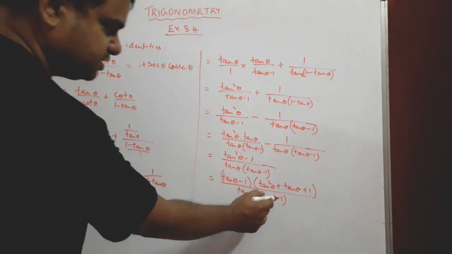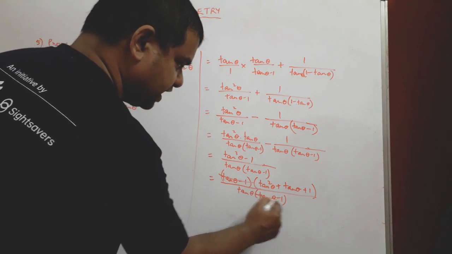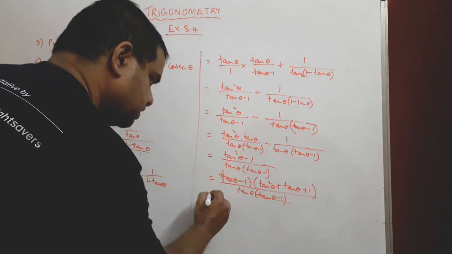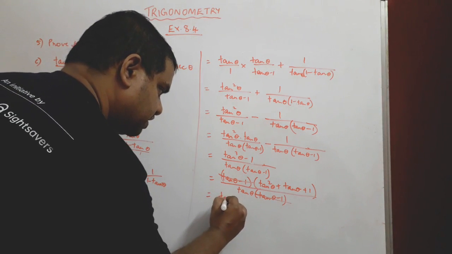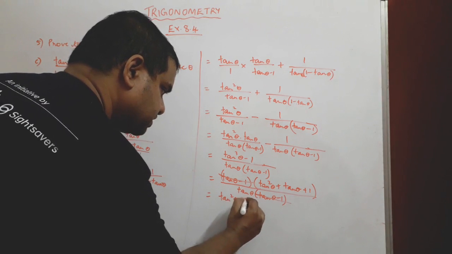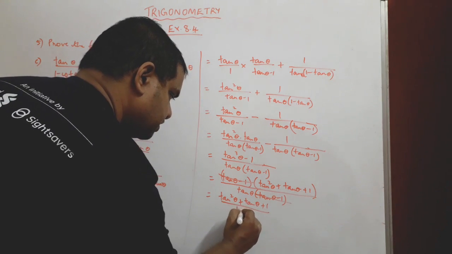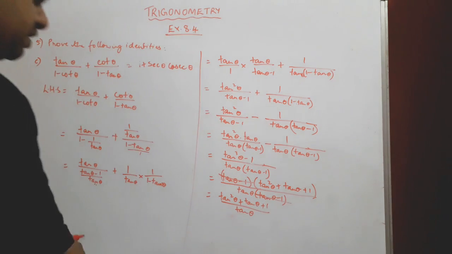In the numerator and denominator we have tan theta minus 1, so they cancel off, and what we get is equal to tan square theta plus tan theta plus 1, whole thing upon tan theta.